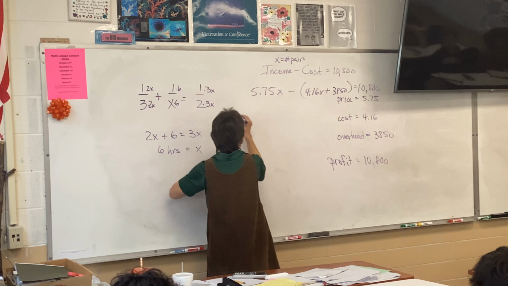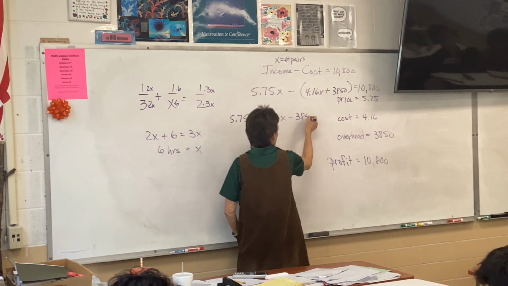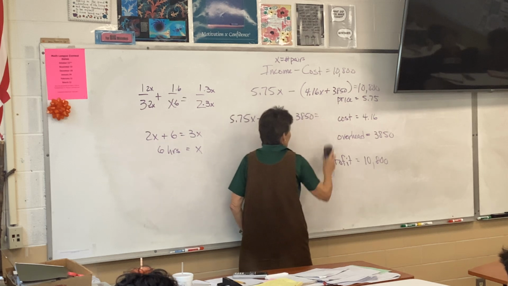So we have 5.75x minus 4.16x minus 38.50 has to equal 108.